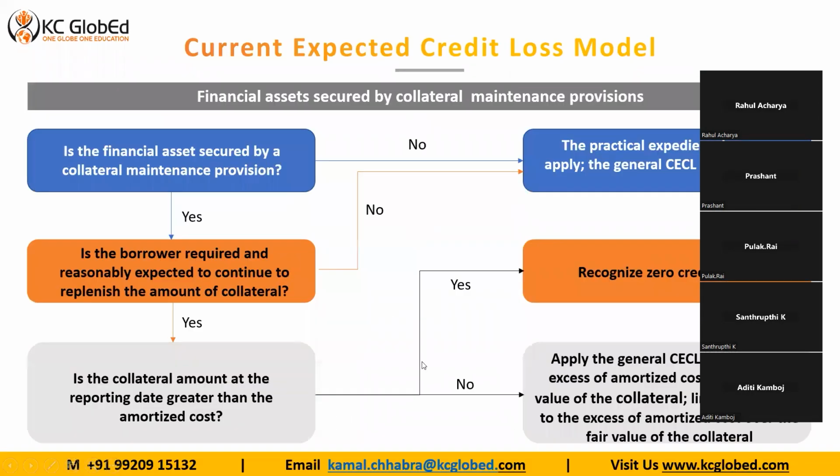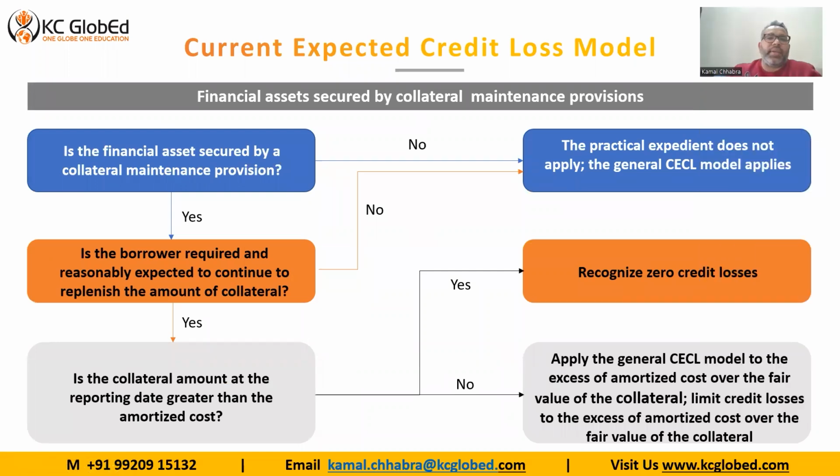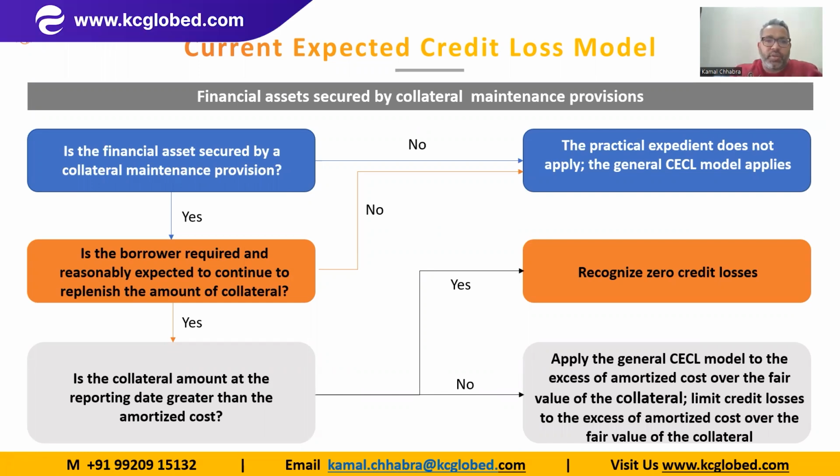Okay, so coming back to our notes. Financial assets secured by collateral maintenance provision. So when you have financial assets against which you have security, like this GM Financial, they have the vehicle as security, right? So let's understand how we need to do the calculation. First, you need to look at whether the financial asset is secured by a collateral maintenance provision.